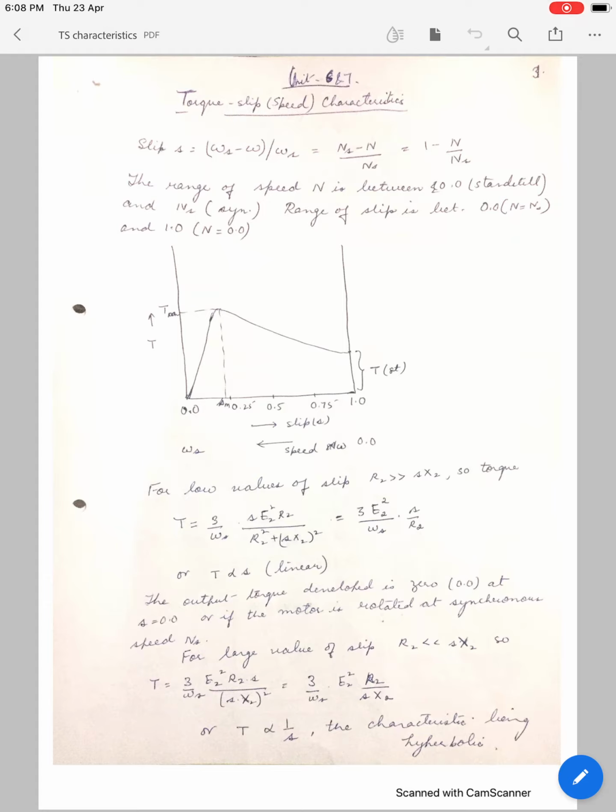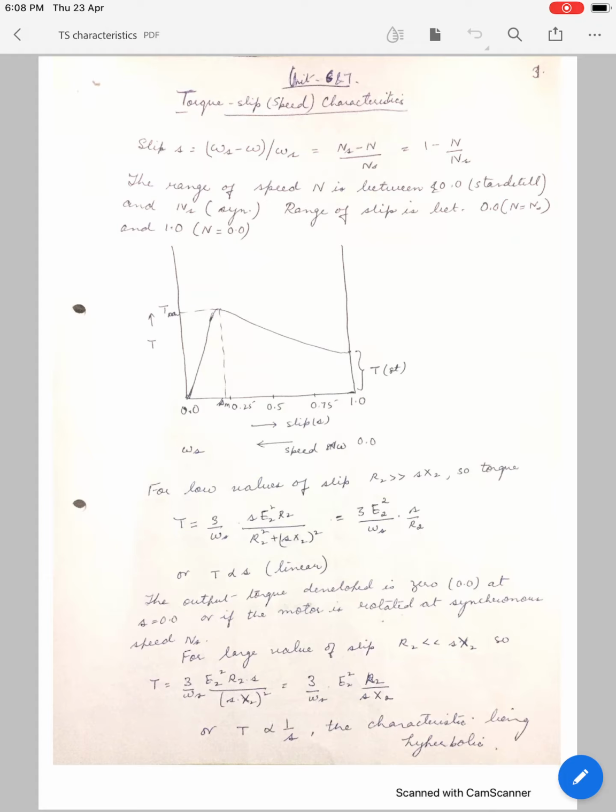So for low values of slip, R2 is very much greater than S X2 because the value of S is very small. So the torque expression can be simplified to 3 E2 square upon omega_s into S upon R2. So the dependence of T on S, you can see, is T is proportional to S, or it is a linear relationship.